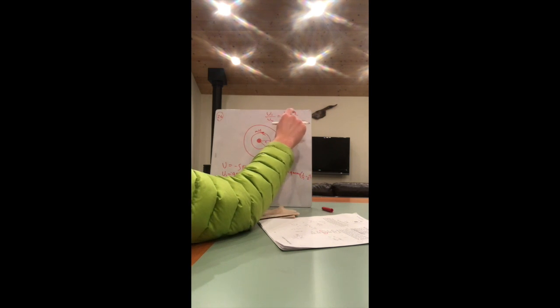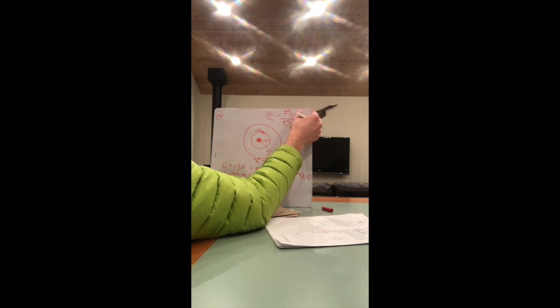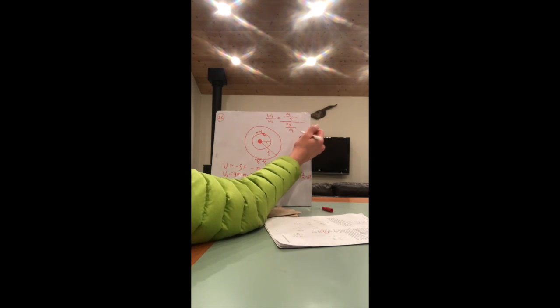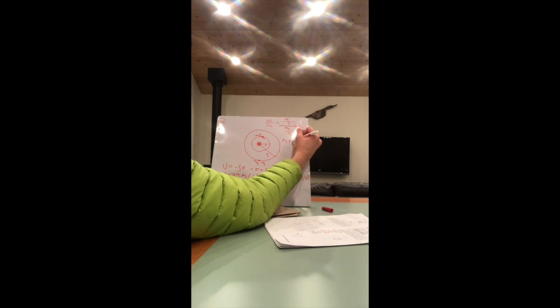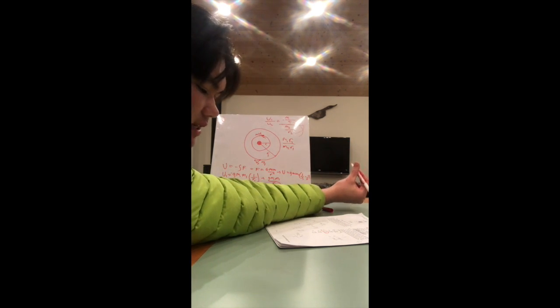And G and Ms are constants, so we can cancel these out, and we're left with M1 over R1 over M2 over R2. Flipping the denominator to the top, we get M1 R2 over M2 R1, which is answer choice C.